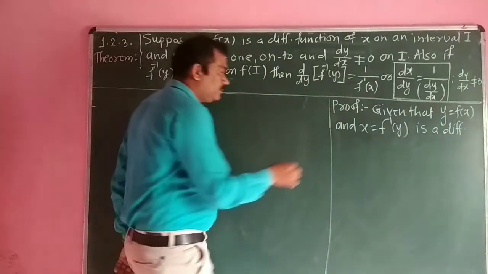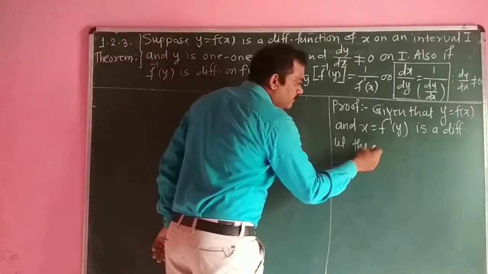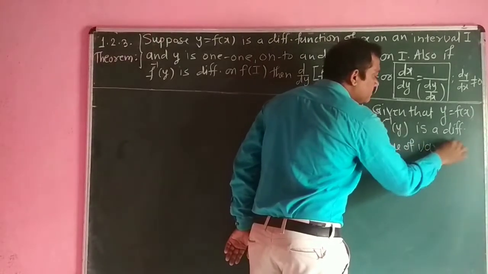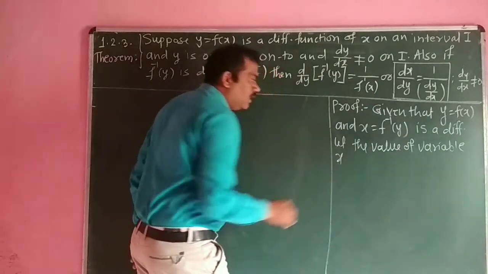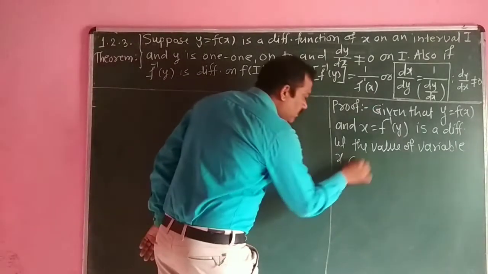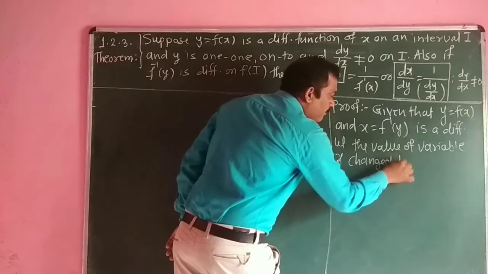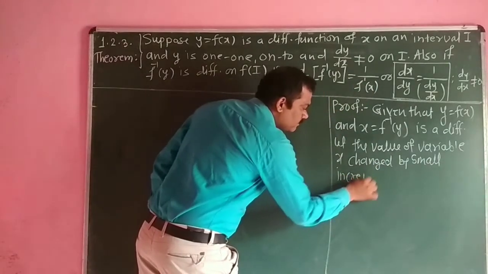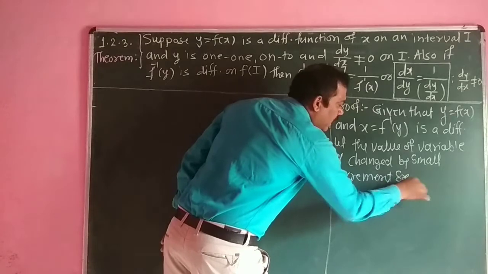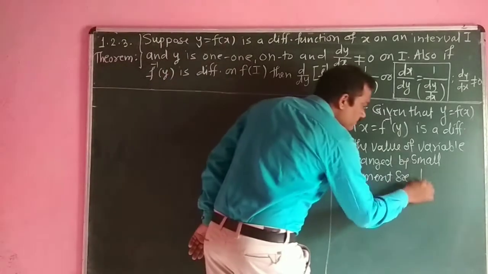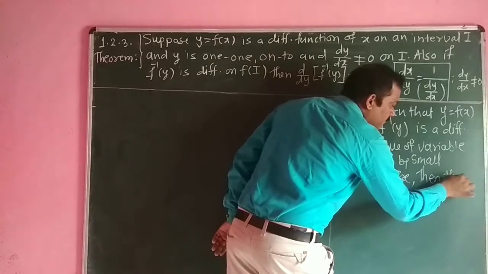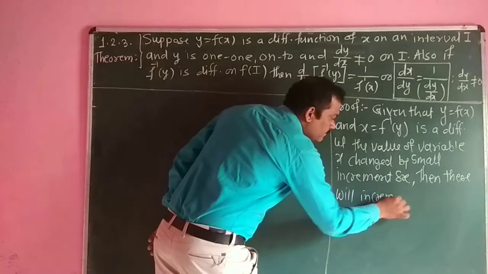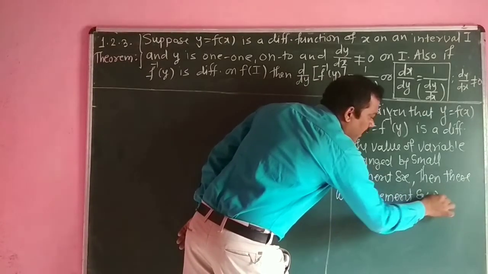Okay, let the value of variable x is changed by a small increment delta x, then there will be an increment delta y in y.